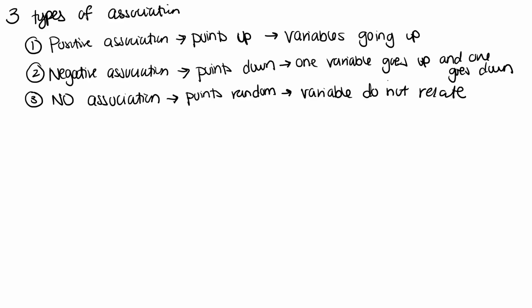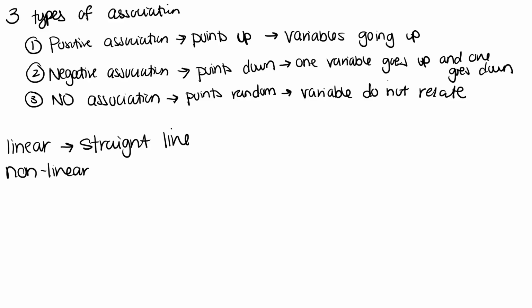After that, we have just a couple of key points of vocabulary that we need to go over. The first vocabulary term, and we've already learned it, is the word linear. Linear means it's going to be in a straight line. The other term, nonlinear, means not a straight line.